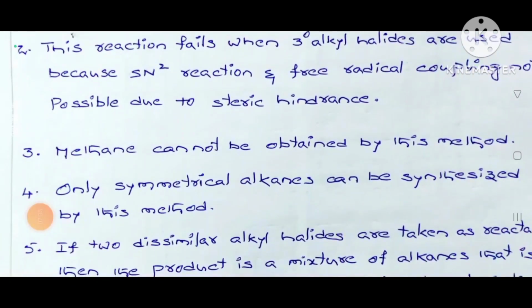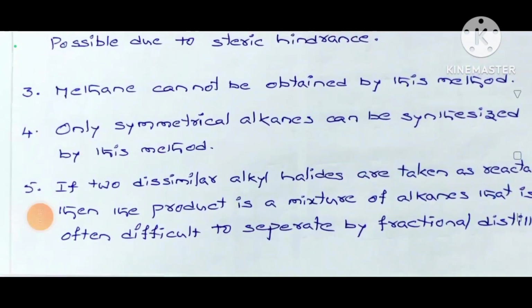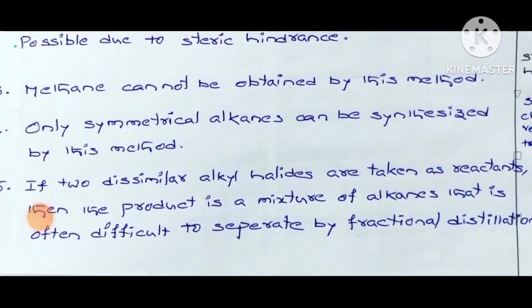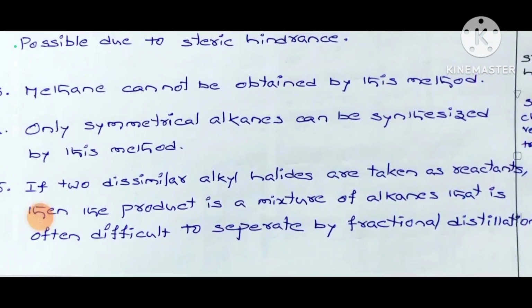And another one, methane cannot be obtained by this Wurtz reaction. Next one, only symmetrical alkanes can be synthesized by this method. Unsymmetrical alkanes cannot be synthesized by this Wurtz reaction. Next one, if 2 dissimilar alkyl halides are taken as reactants. Dissimilar means different alkyl halides.